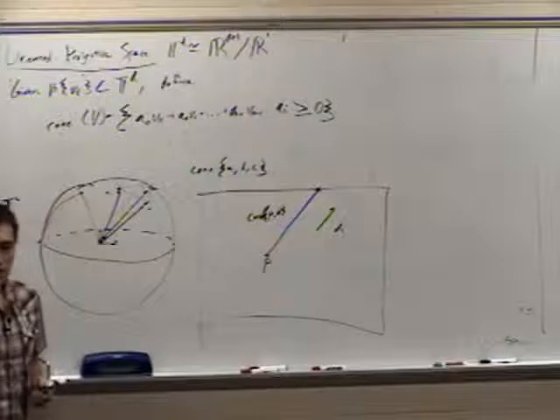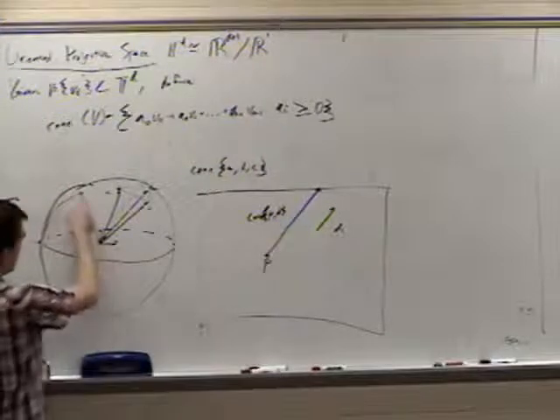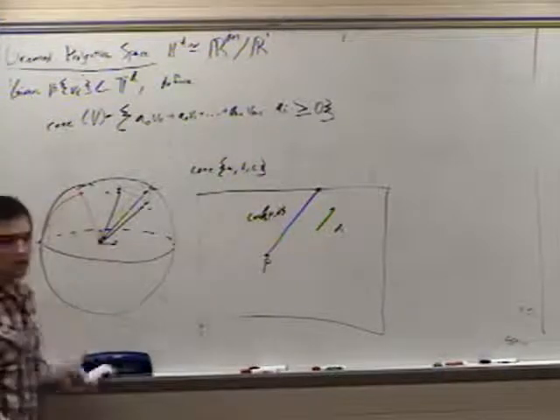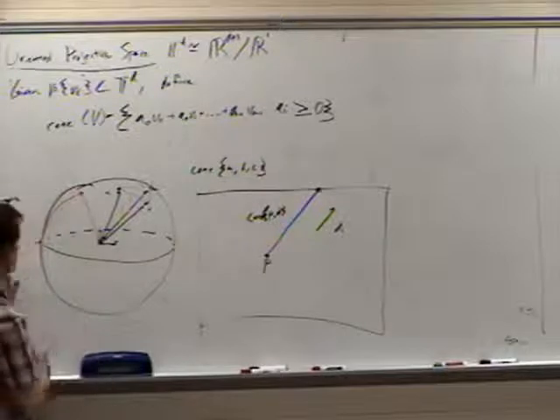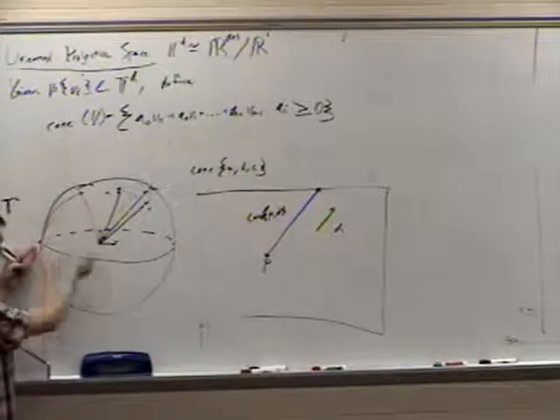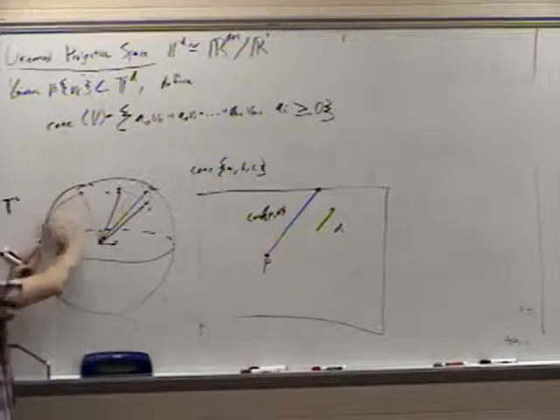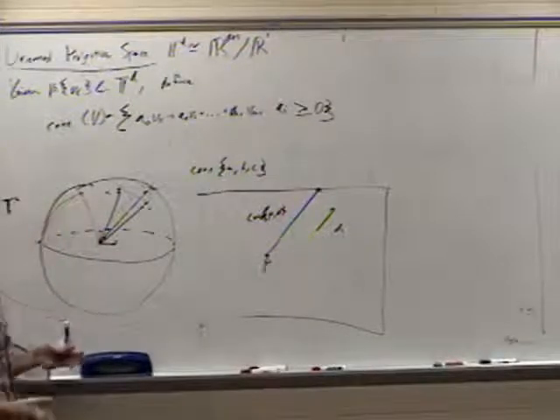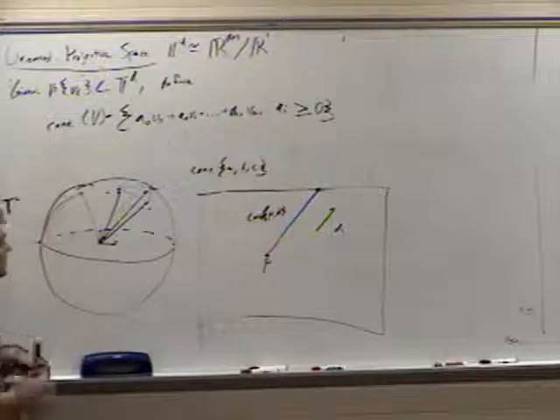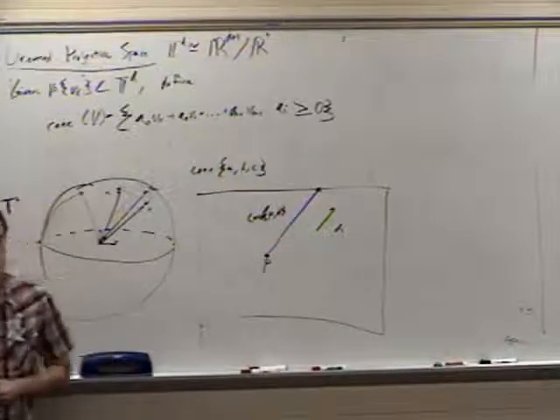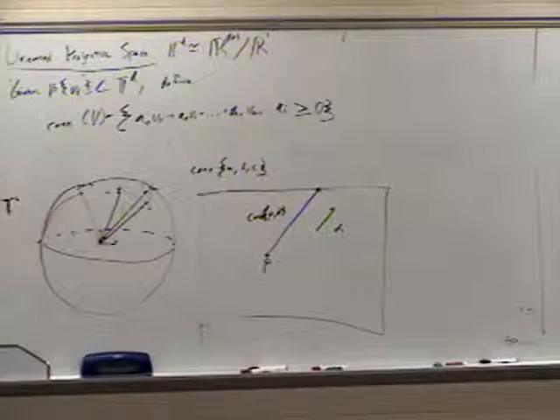If we take one of those points at infinity and combine it with the point P, we're going to get a ray that goes all the way off to infinity. And what's going on here is we have the cone of this point at infinity plus this point on the top of the sphere, and it sweeps out this cone arc here, and that forms the ray. So hopefully that's clear.